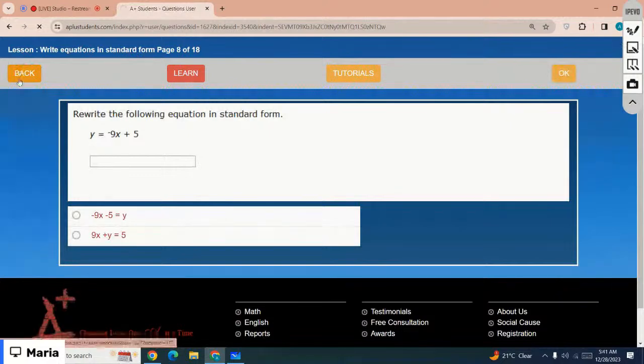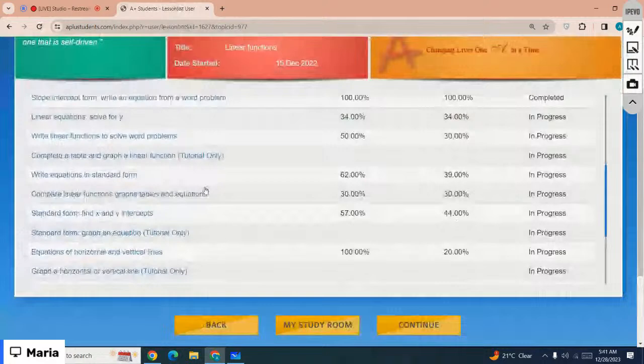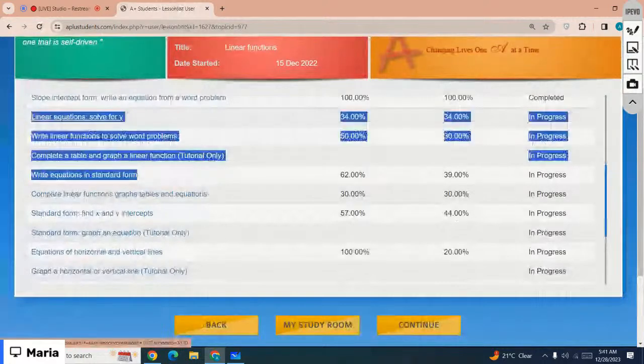So, we were working on grade 9 math. The chapter we're working on is linear functions, and the lessons we have covered today are linear equations, solve for y, write linear equations to solve word problems, complete a table and graph a linear functions tutorial, and write equations in standard form.